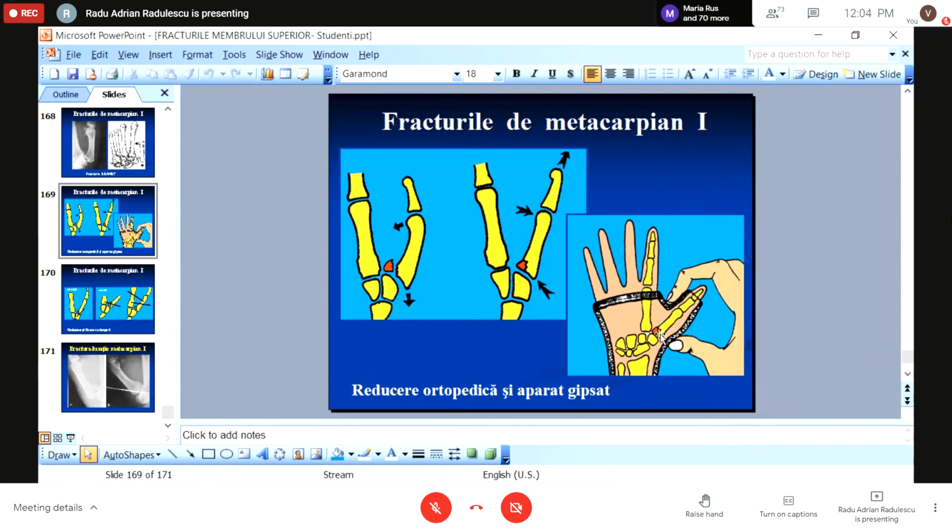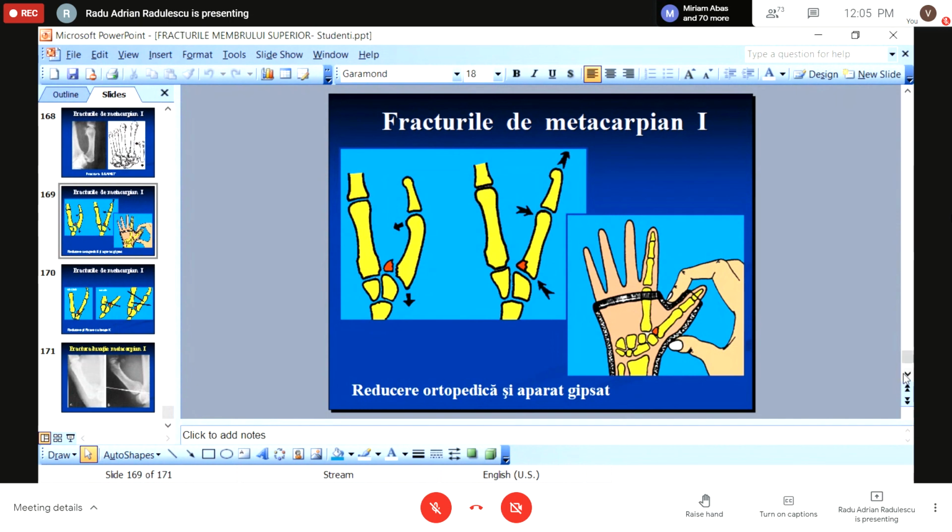We do this by external maneuvers, and also we will reduce the small fragment. From now on, we have two choices. We'll put the wrist in a cast, like we can see here, and wait for the cast to finish drying, so it is strong in this position.